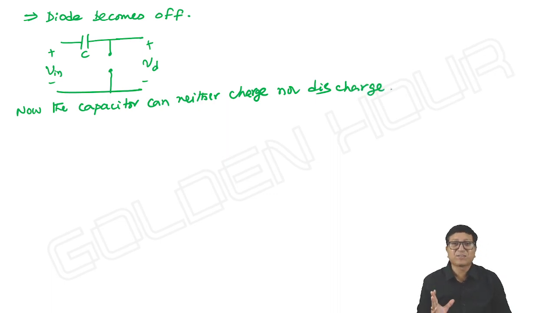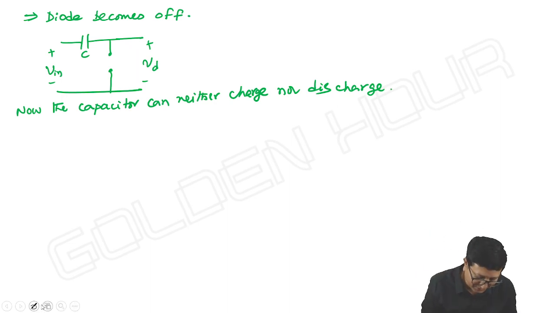And simply it acts as a DC source or battery. As it is unable to charge or discharge, whatever voltage it has acquired, it holds that voltage forever. That's it. And what voltage has the capacitor acquired? Plus minus Vm, or I can say plus minus 5 volt.